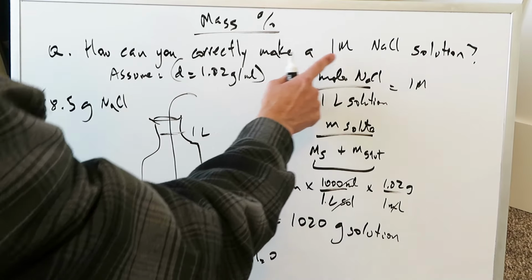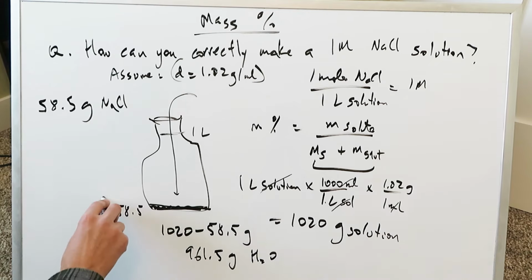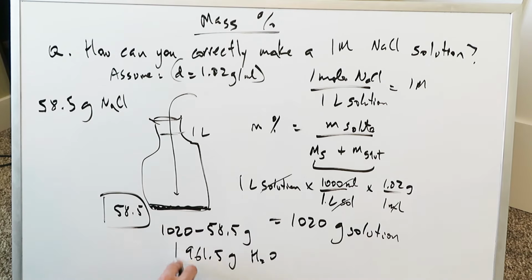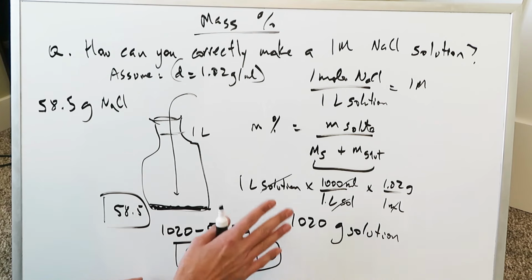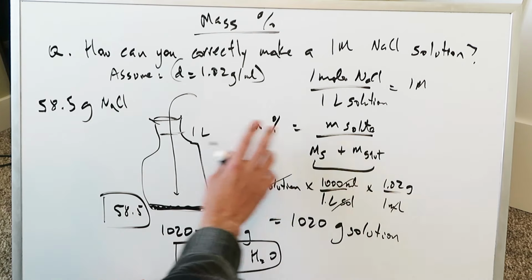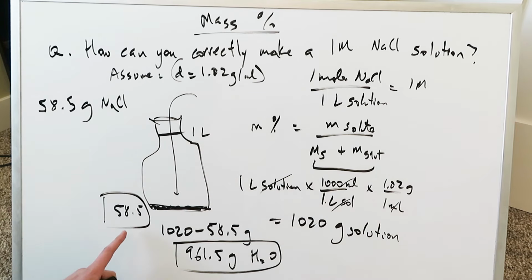To make a correctly prepared 1 molar sodium chloride solution, you need 58.5 grams of salt and 961.5 grams of water. When you combine these, you put the salt in first, then 961.5 grams of water. Because we've already accounted for the density factor, everything will rise to this 1 liter mark, and that's exactly how you get your 1 molar solution.